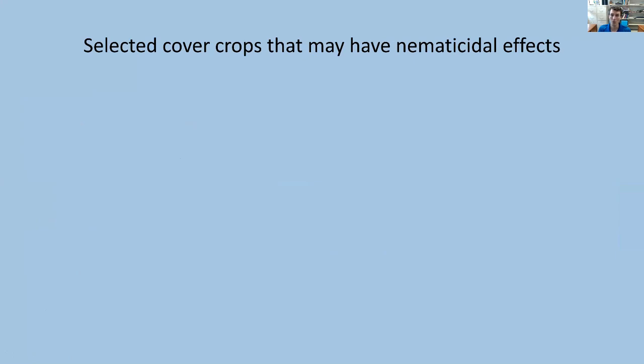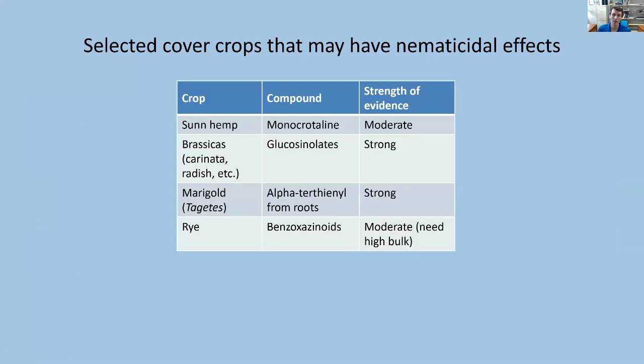And then a little bit more about cover crops with nematicidal effects. This is a table of some selected cover crops that may have nematicidal effects. Some of them are sun hemp, brassicas such as carinata, radish, and so forth. Marigold, and rye does have some.